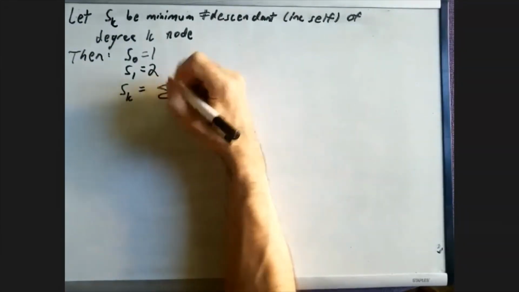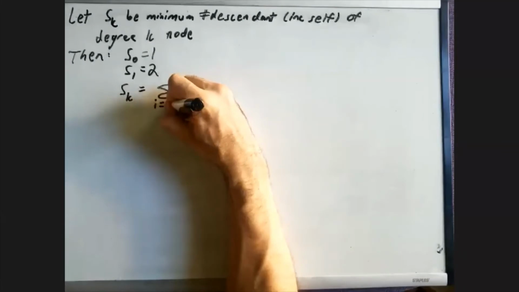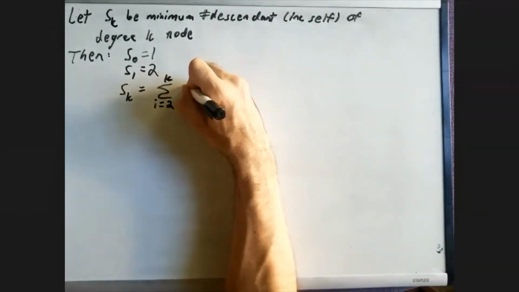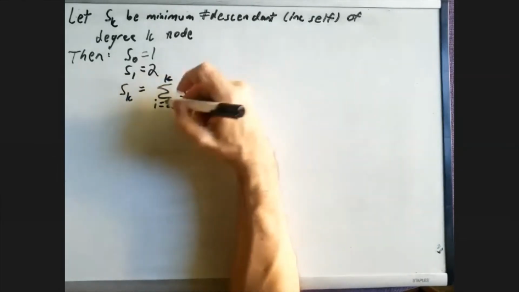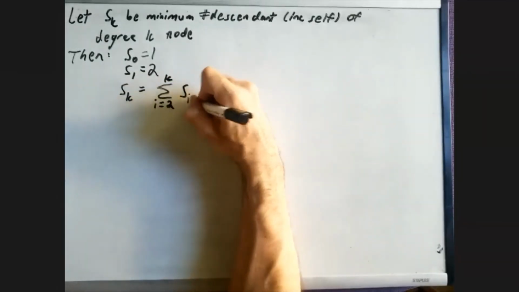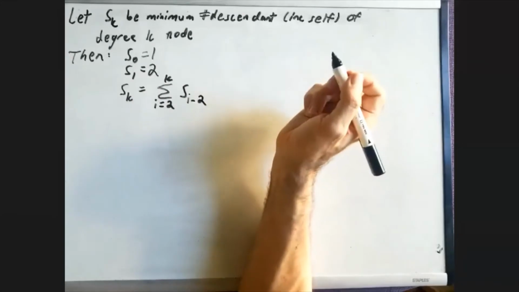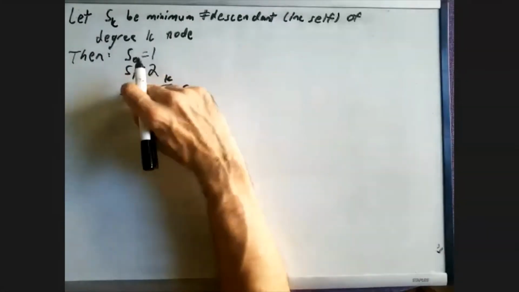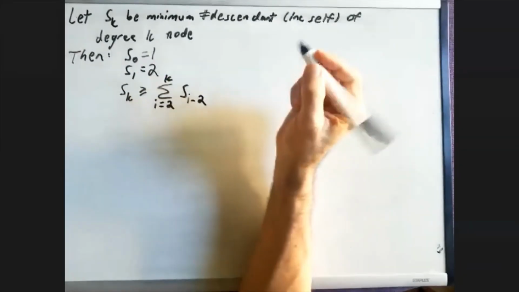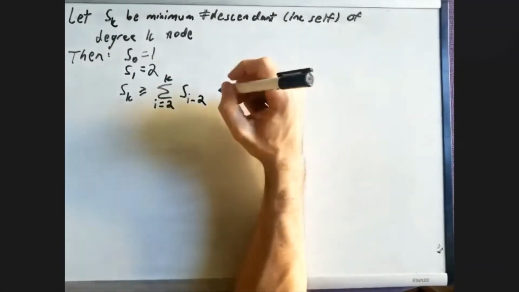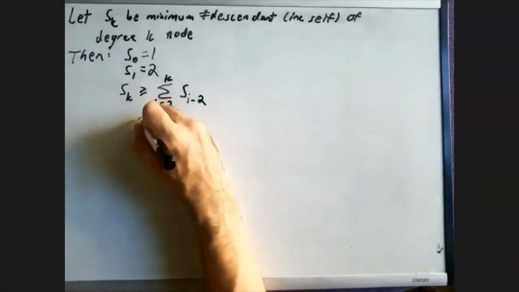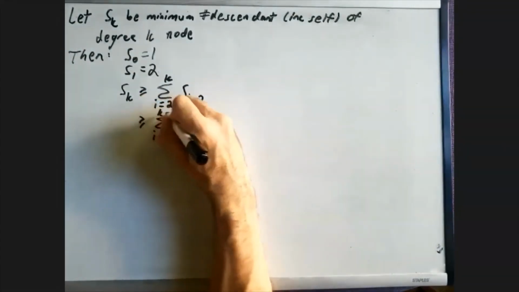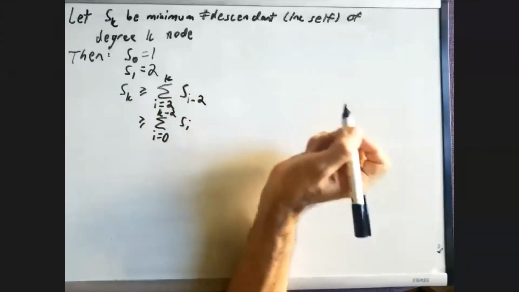If I look at my children from the second child up to the kth child, the ith child is going to have degree at least i minus 2, right? So this would be a greater than or equal. And so now I can re-index this, go from 0 to k minus 2 of SI.